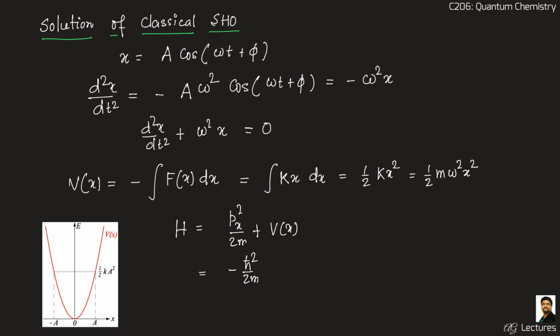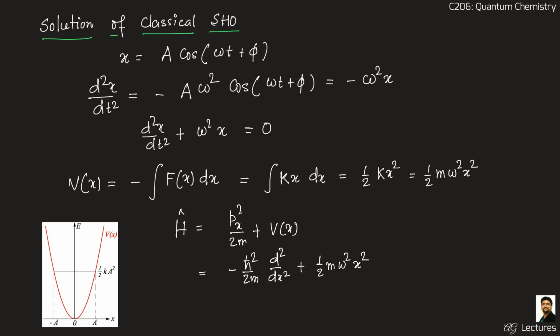We know that this piece p_x squared by 2m will convert into minus h cross square by 2m, d2 dx2, that is our kinetic energy operator, plus now we know the form of V(x), and that is half m omega square x square. So this is our Hamiltonian.